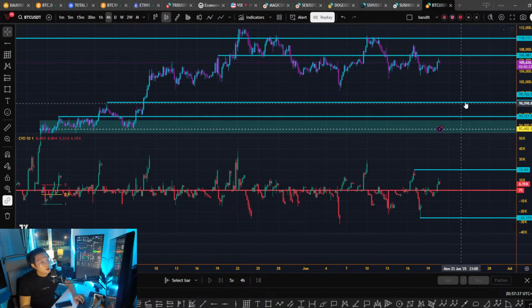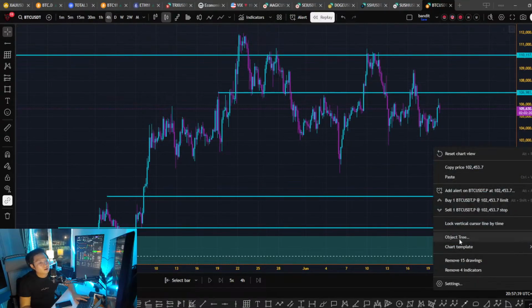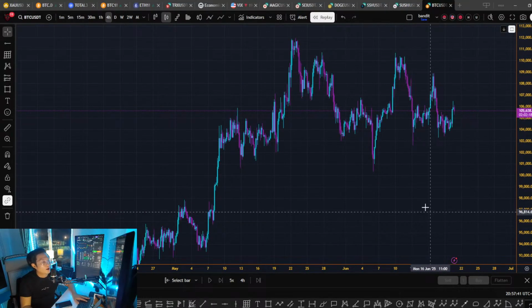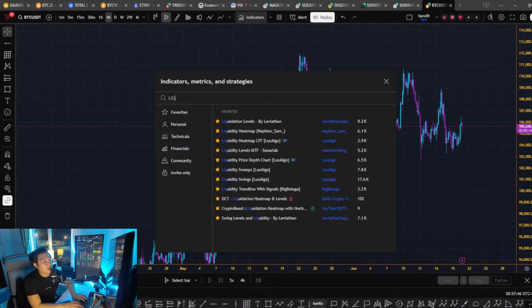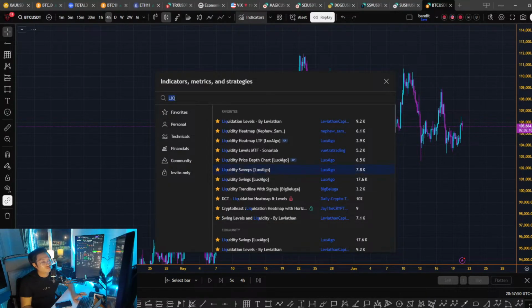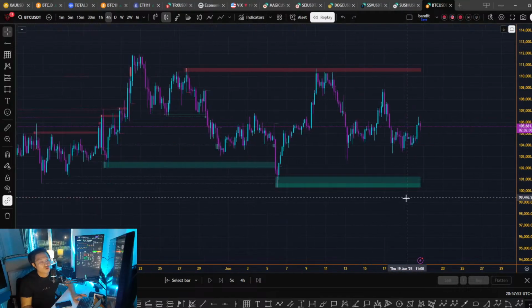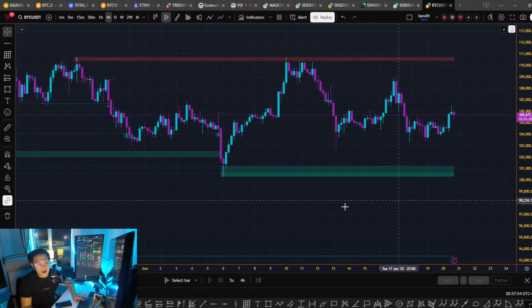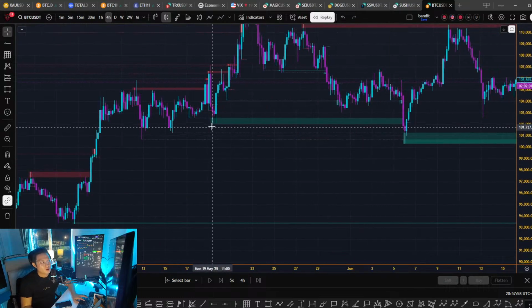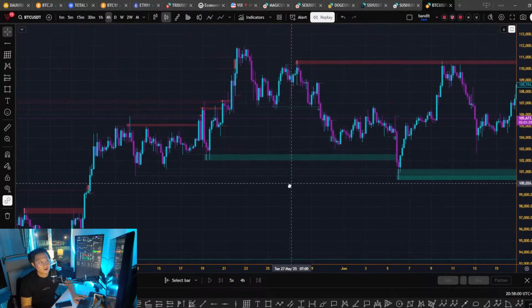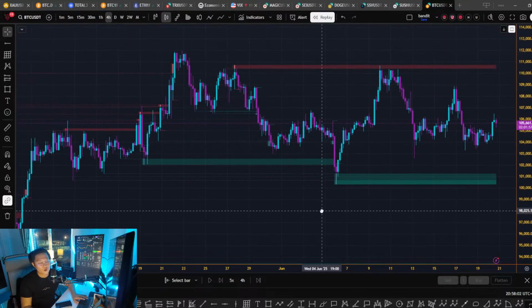All right, let's reset this and go back to the liquidity. With liquidity, you can use a buy-side algo if you don't want to drag it manually. You can use it so you know where the liquidity is.